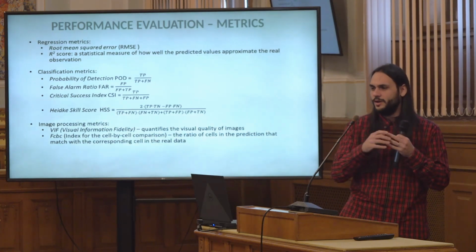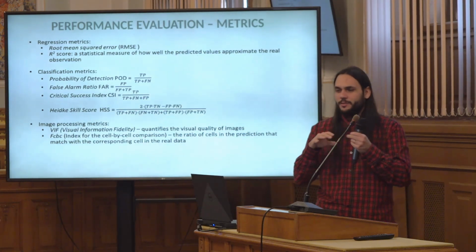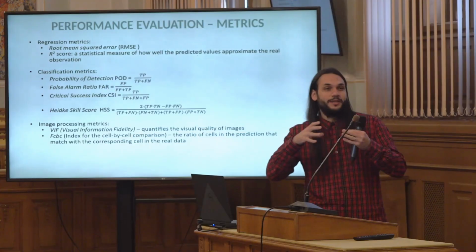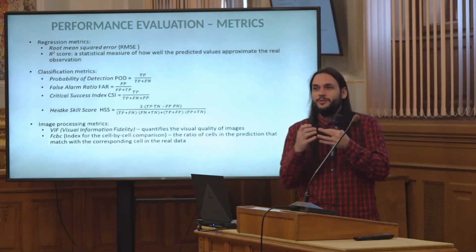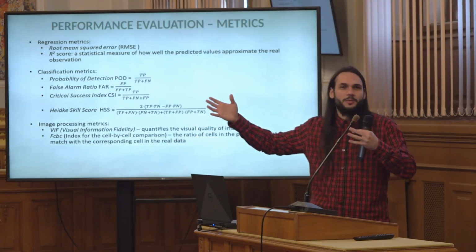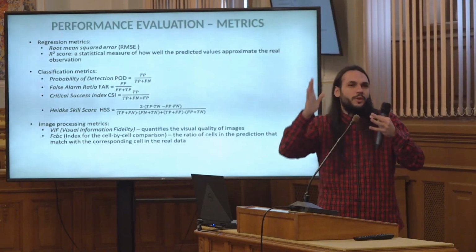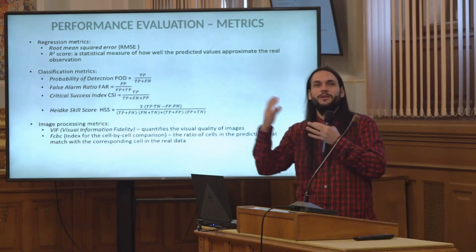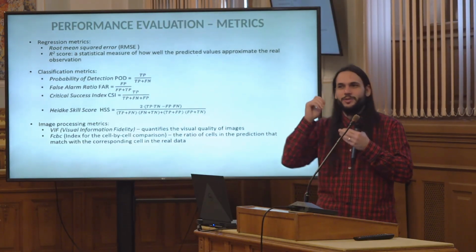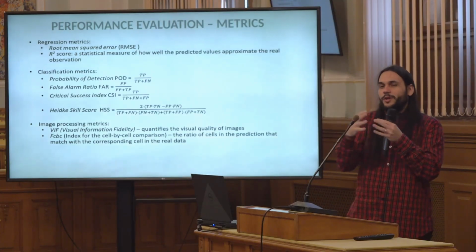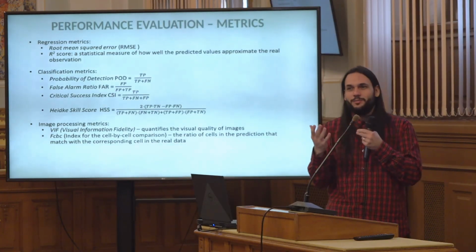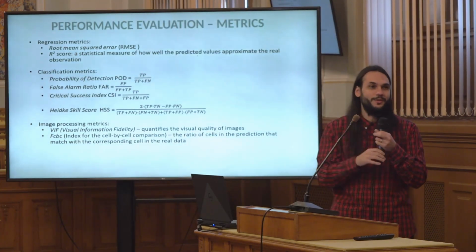And then we tried to figure out some image processing metrics. There are all these kinds of image processing metrics that we have, and if we consider our radar data as images, maybe those are better. And we tried to find out which one would be better. But even that proved to be quite difficult.